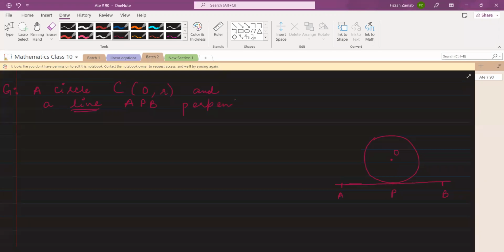This is already given. Now you have to prove that AB is a tangent.